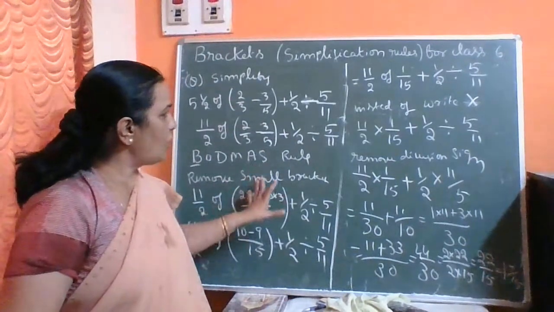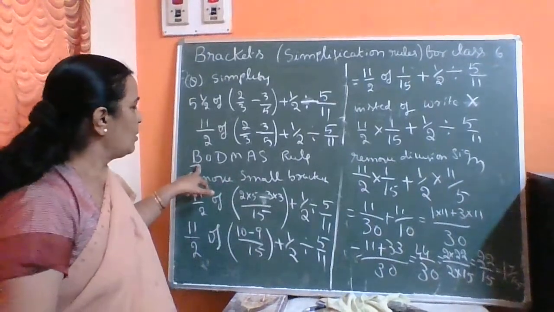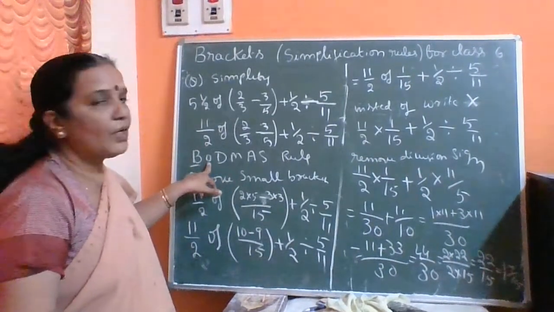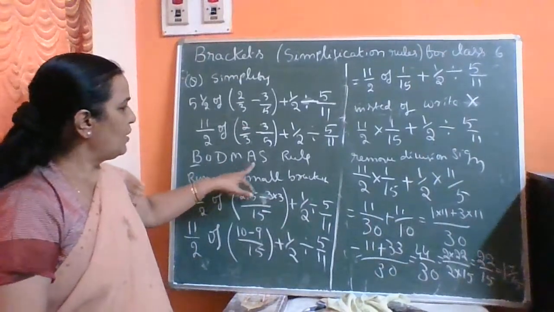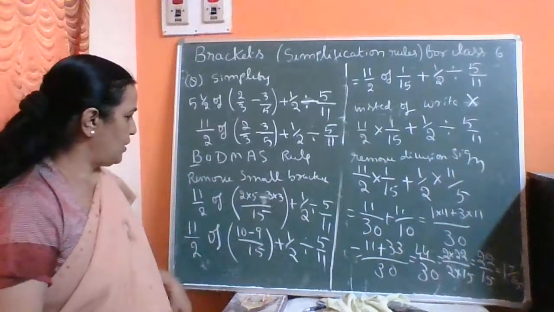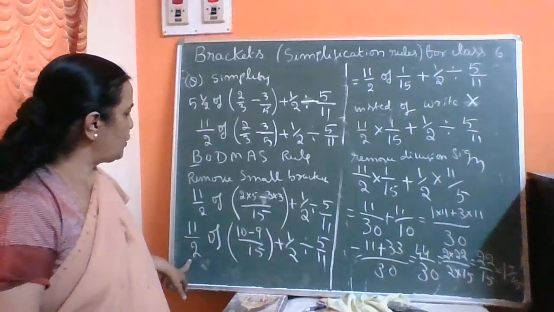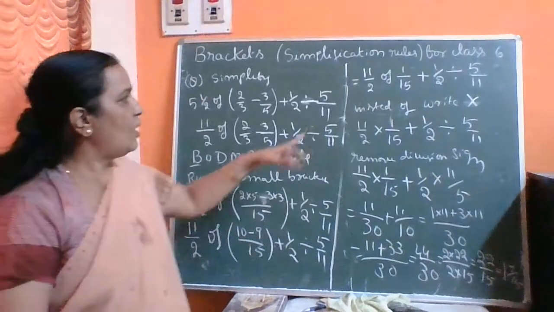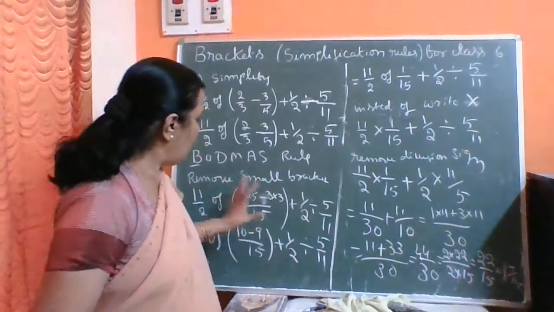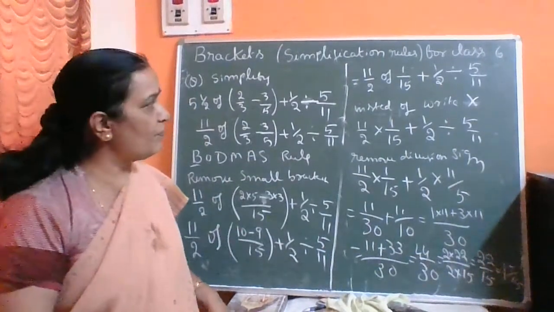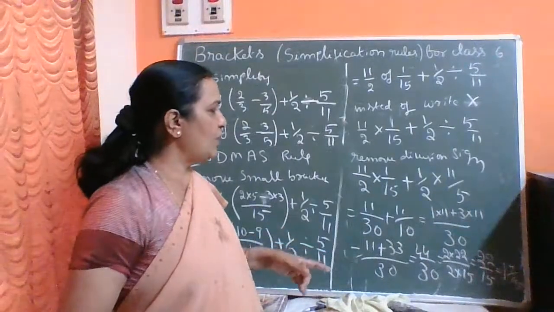If there are all types of operations in the same question, then first you have to remove the bracket, then convert half of into multiplication, then the division, then the multiplication, then addition, then the subtraction. Here first I have converted this into improper fraction, and then we have removed the bracket, then instead of of we have written into, then the division, and then the multiplication, then the addition.